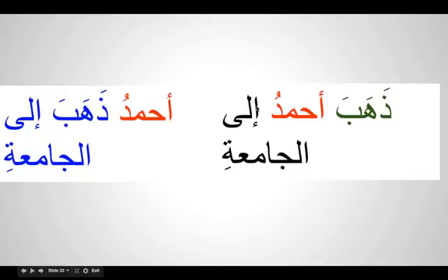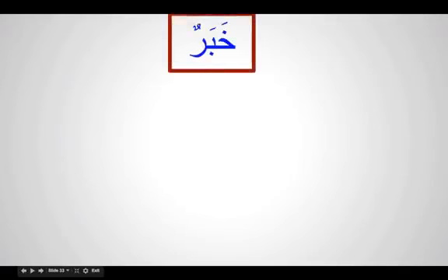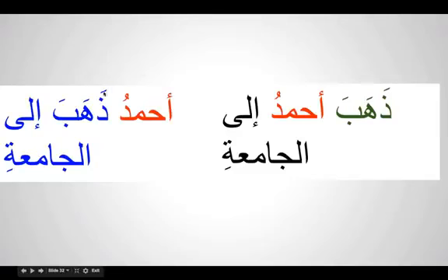So there's a difference in it. If you just ignore Ahmad and just look at Dhahaba ilal Jami'a itself, it is a verbal sentence: he went to university. So this verbal sentence is coming as Khabar for Ahmad.